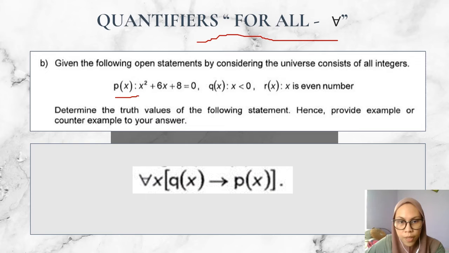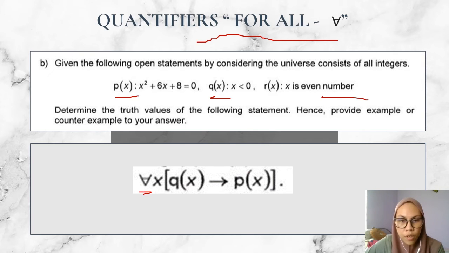The first is P(x): x² + 6x + 8 = 0. Then Q(x): x is less than 0, and R(x): x is an even number. Determine the truth value of the following statement, and provide an example or counterexample to your answer.